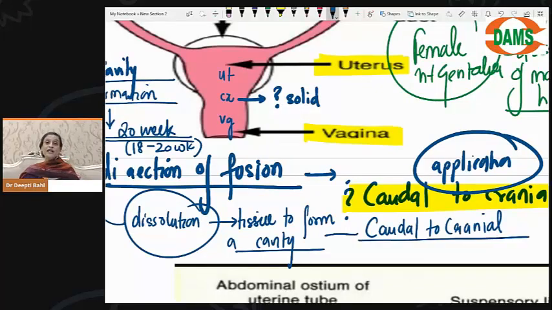Very important. We will learn the application in a moment. So dissolution will happen again from caudal to cranial. So these are two very important MCQs. The ducts will fuse from caudal to cranial, and the dissolution of the tissue will also happen from caudal to cranial. We will see the application of this in a moment.